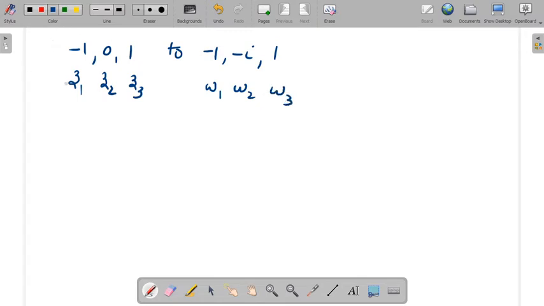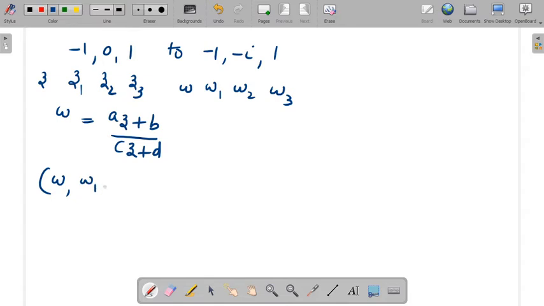Also we take the general point Z and its image W. So the bilinear map will be of the form W equal to AZ plus B divided by CZ plus D. And as it preserves cross ratio, you can write the cross ratio of W, W1, W2, W3. The cross ratio of the images will be the same as the cross ratio of the 4 points Z, Z1, Z2, Z3.